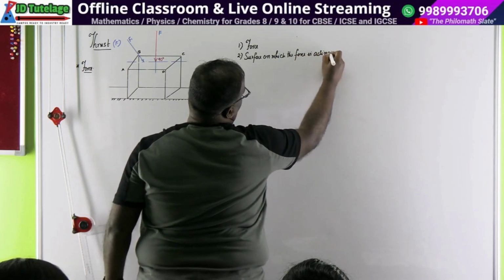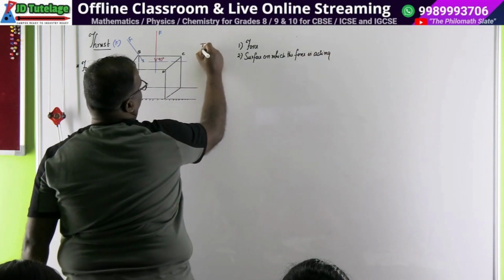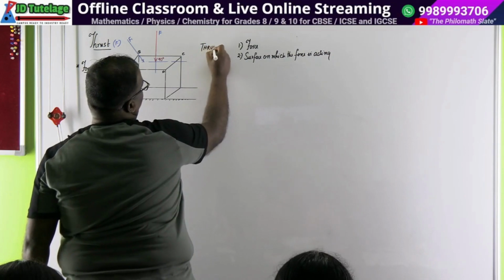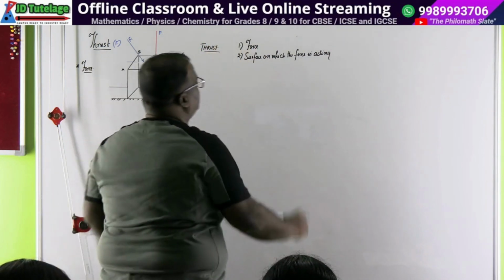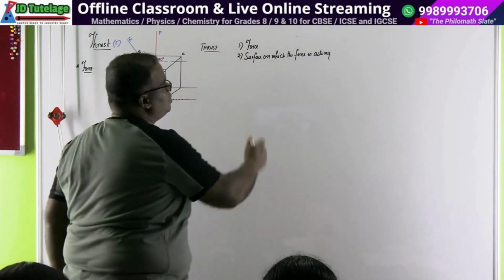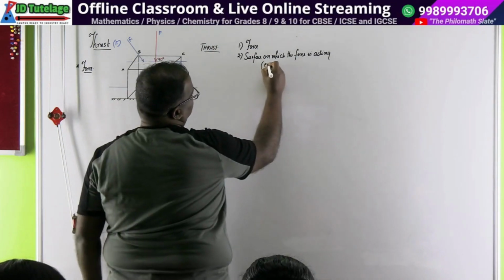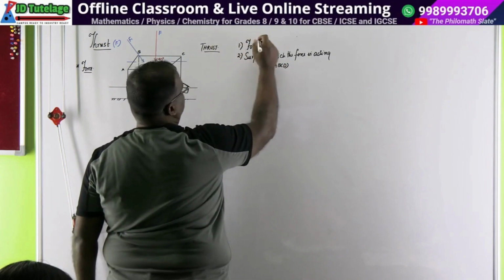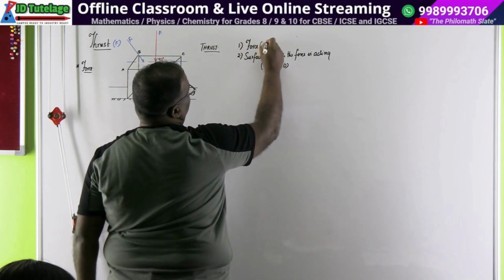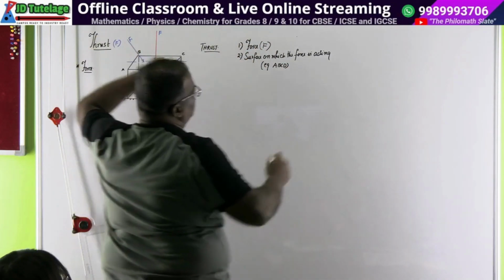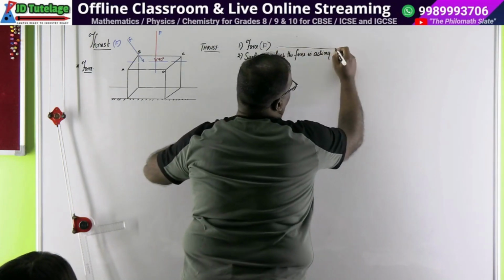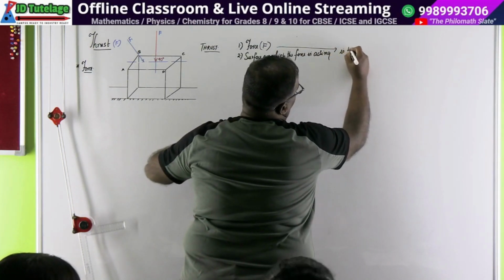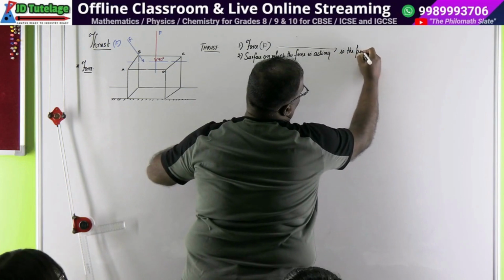So we are trying to define thrust, and now we have to put the relationship between these two. In our example, the surface is ABCD, and we have two forces here, but I will be considering F only and I'll rule out F1. Why? Because this force F is the perpendicular force.